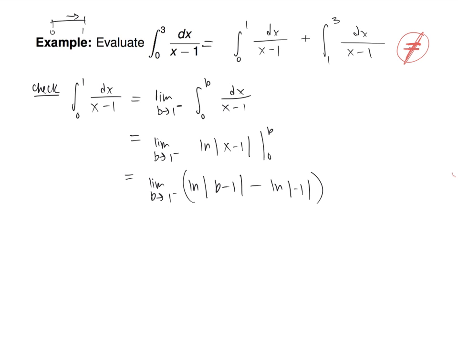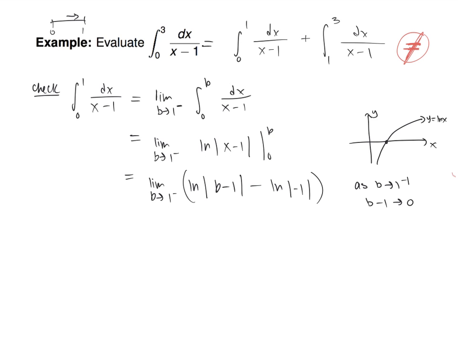Ooh. This is a teensy bit tricky, but we reviewed. This is what natural log of x looks like, right? Okay. So as b goes to 1 from the minus side, do you agree that b minus 1 goes to 0? Does that make sense?